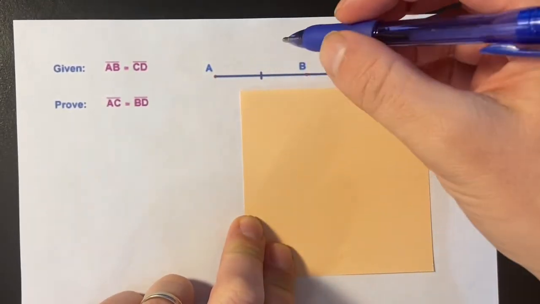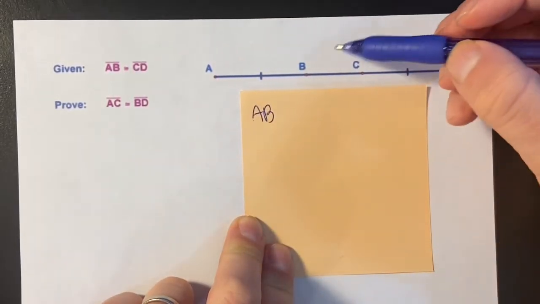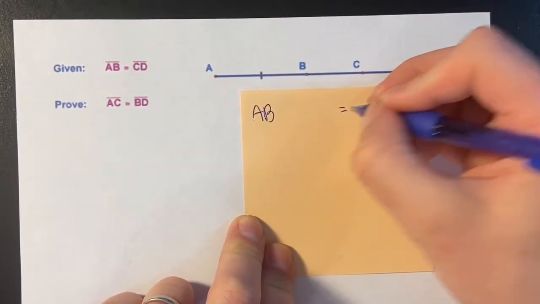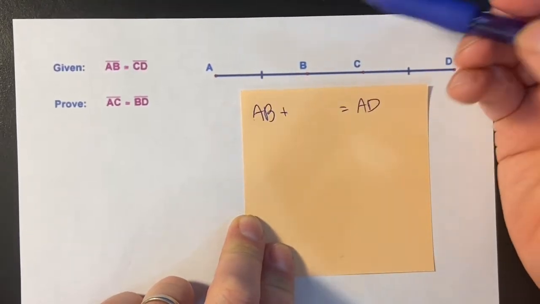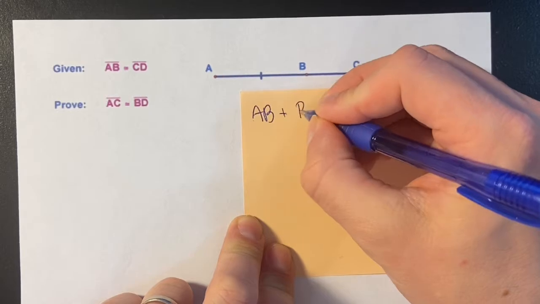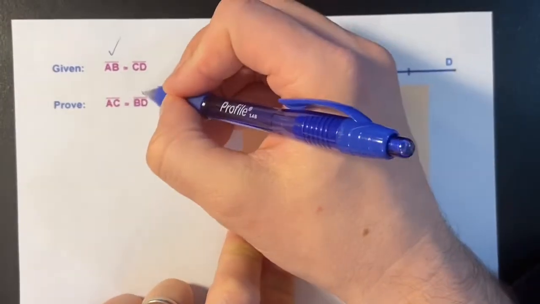So I know that if I have AB, I can add BC and CD to get the whole thing. But better yet, if I have AB and I add BD, I have BD down there, and that might become super convenient. So I already used AB check and BD check.